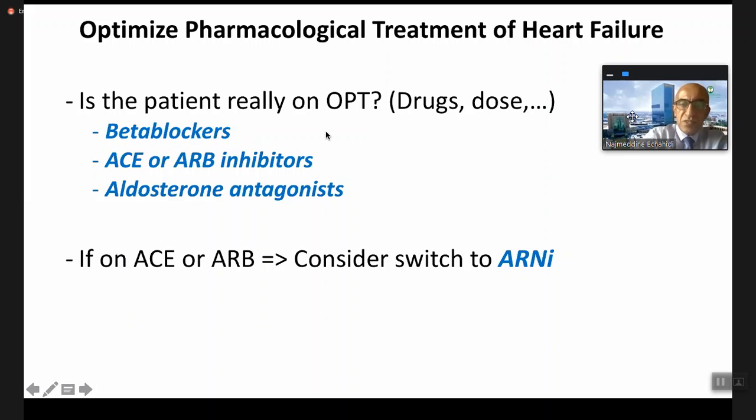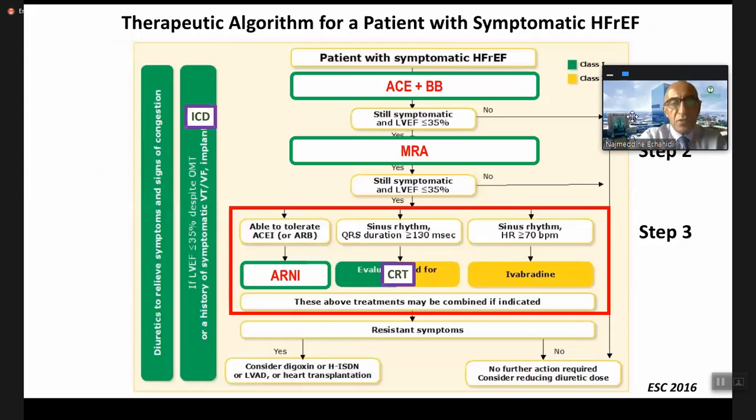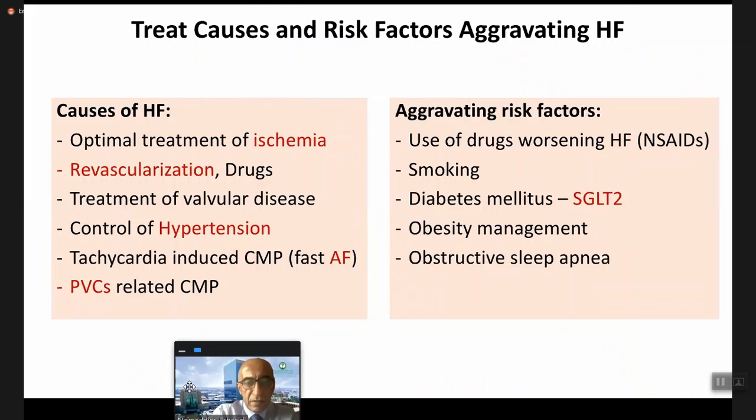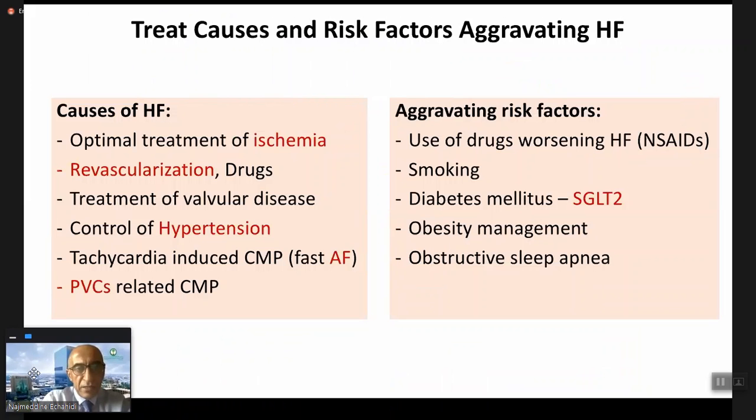So we have to take time to see if our patients are optimized pharmacologically before optimizing their devices. This is advised by the European Society of Cardiology and other societies. Treating only the causes or factors aggravating heart failure may resolve the problem without the need of optimizing anything.